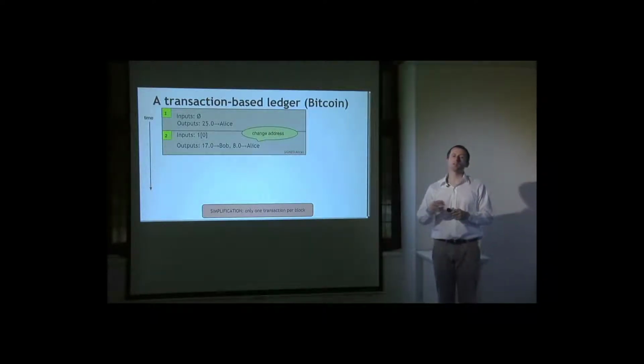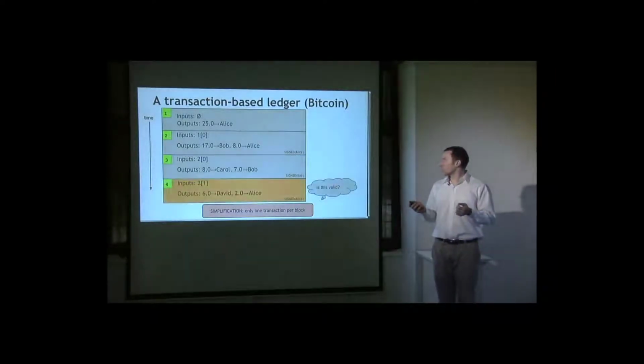And the design here is that you always completely consume the output of a previous transaction. So there's no way to say I only need 17 coins from that previous output. You have to say I'm using all 25 coins from the previous output, but since you want to keep some, you just have a second output that sends some of the coins back to yourself, which is called a change address.